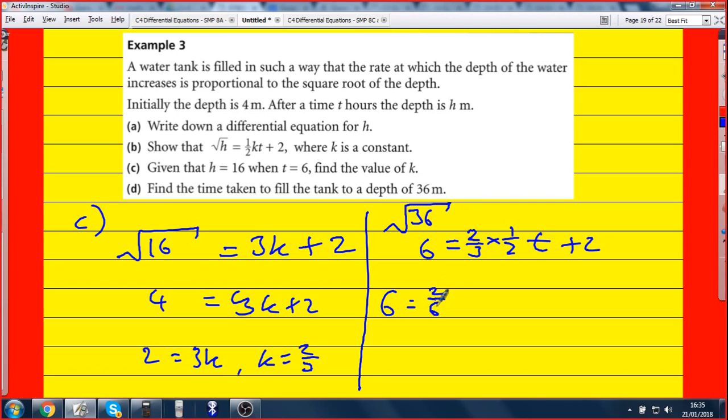Yeah. Equals 12. Okay. Any questions about anything there?